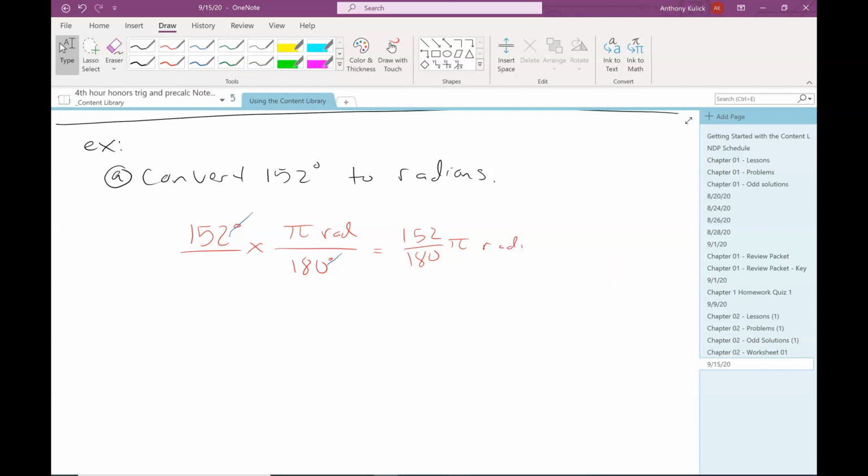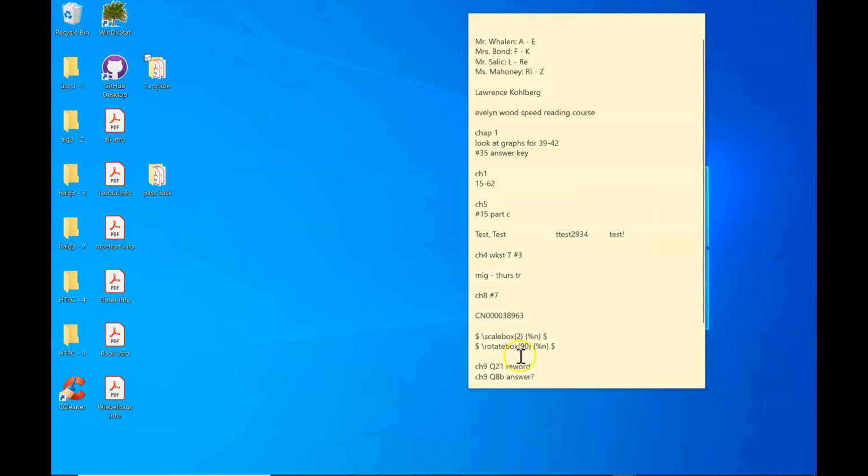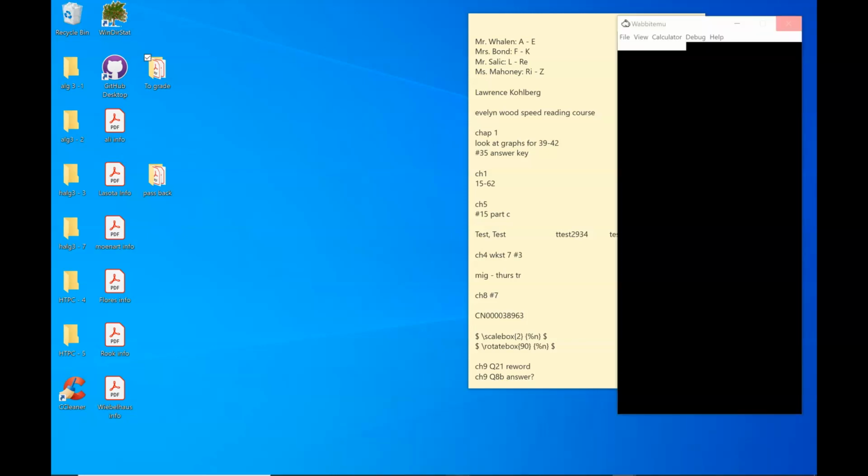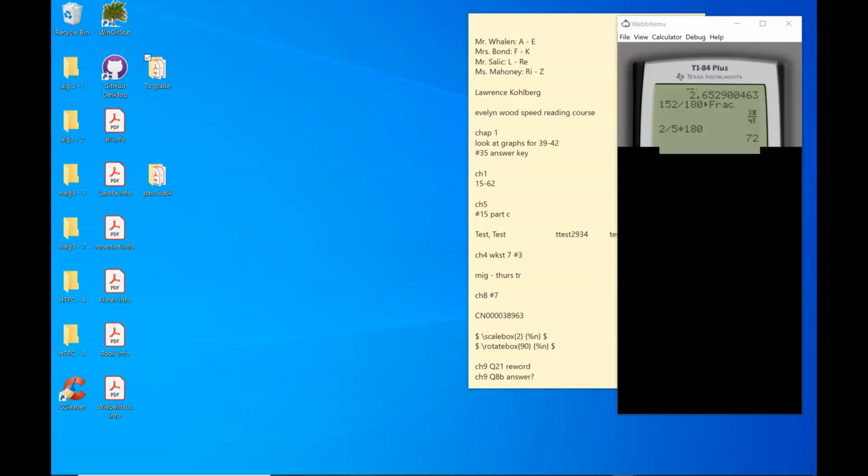Some of us probably already know how to use the calculator to do this, but I'm going to go through and show you in case you forgot, or you never knew in the first place. If my calculator app wants to open, sometimes it just, really, come on, you silly thing. There it goes.